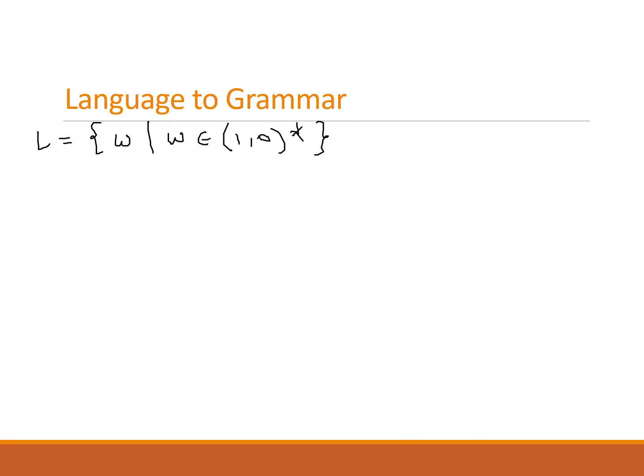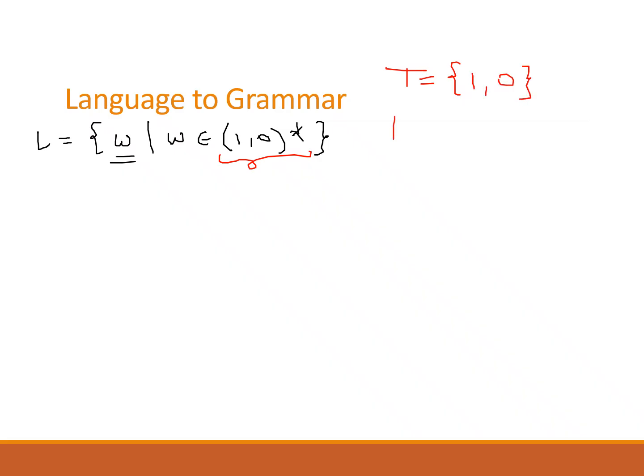So this is a language which says it accepts W, such that this W belongs to (0,1) star. So (0,1) star means it allows 0 or more occurrences of 1 or 0. So the terminal symbols which are there are 0 and 1.